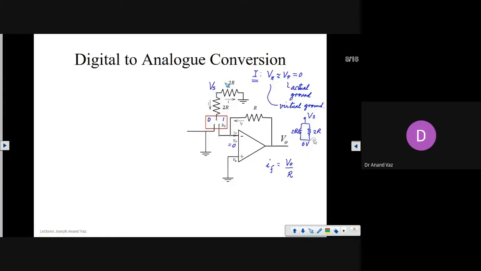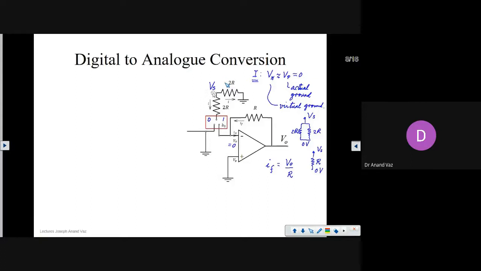We know that these two resistances are in parallel, and the effect of these two resistances will be as if you have a single resistance from Vs. So you have this single resistance which is connected to 0 volts, and the value of this resistance will be half of each of these. That is because both of them are 2R, so this will be just R. And we know this from our studies on electrical engineering.